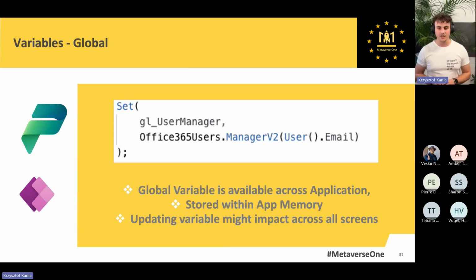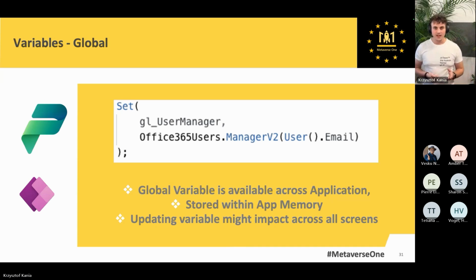So the second part of the code is: grab me a manager from the Office 365 tenant of the user that is logged in to the application. Assign it to the global variable available all over the application. Okay, so it is stored in internal memory of our application.